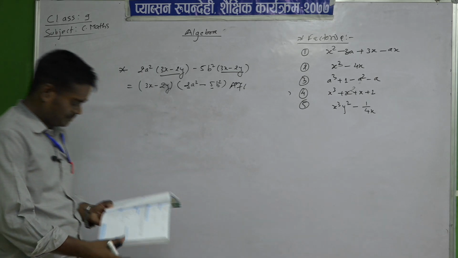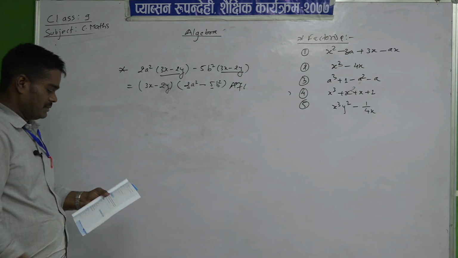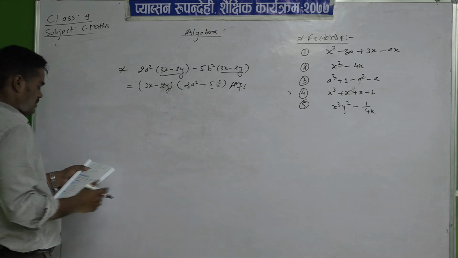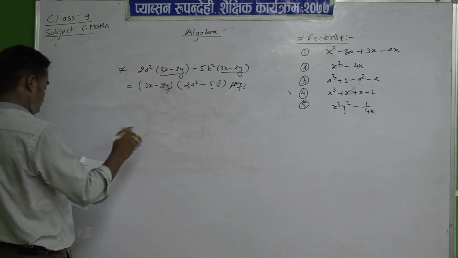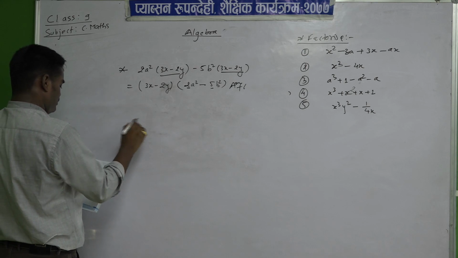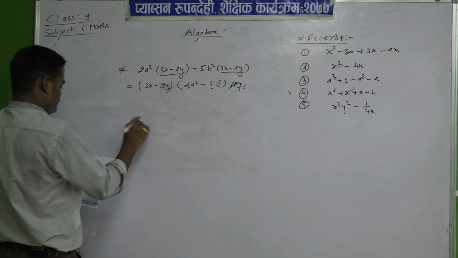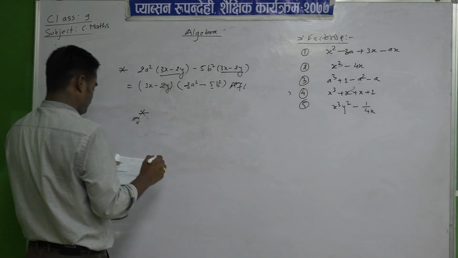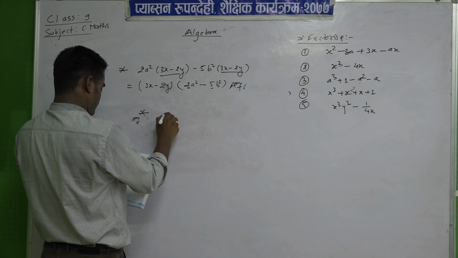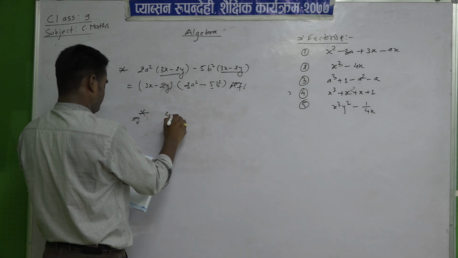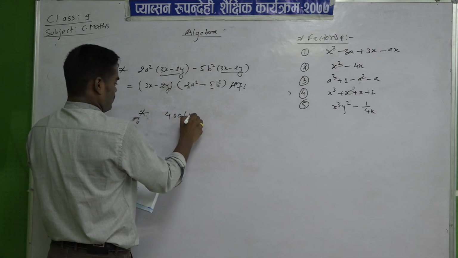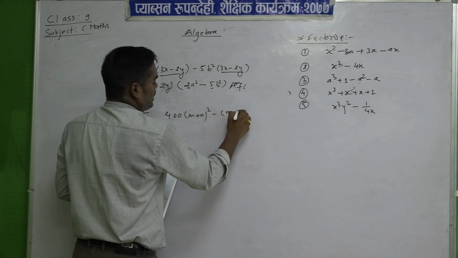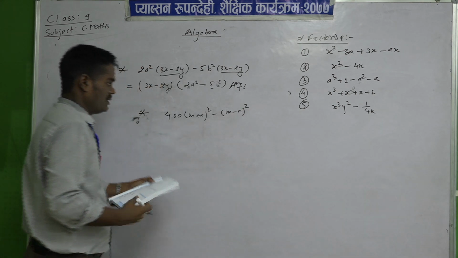And then after, see there, another question: 400 into m plus n whole square minus m minus n whole square.